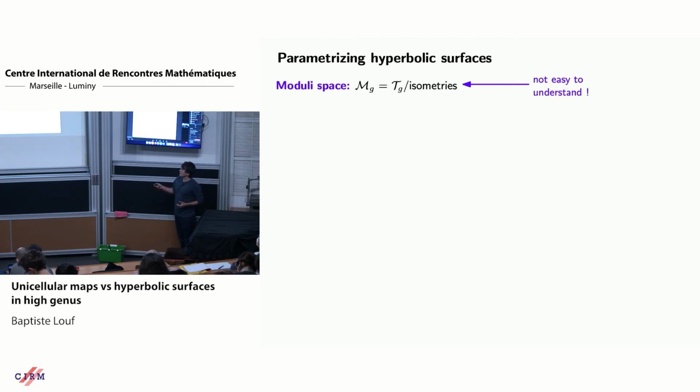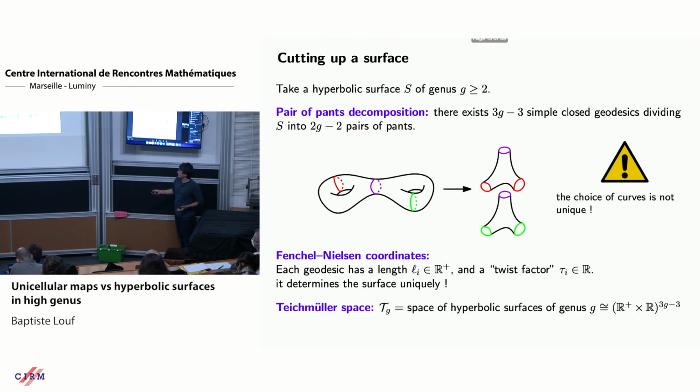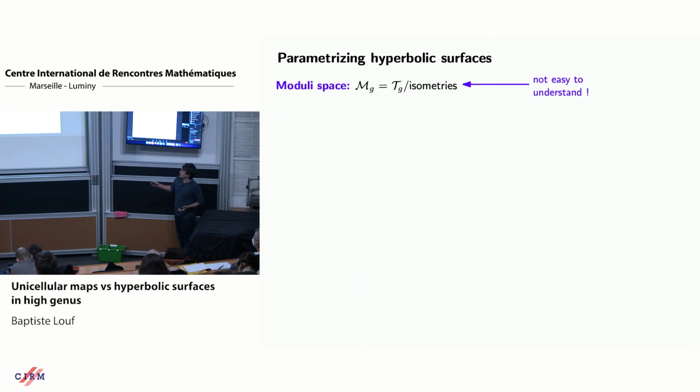For instance, the Teichmüller space is just a manifold. The moduli space is no longer a manifold, because you took a big, well-structured space and then folded it on itself with the isometries, and it can have some kind of singularities, so to say.